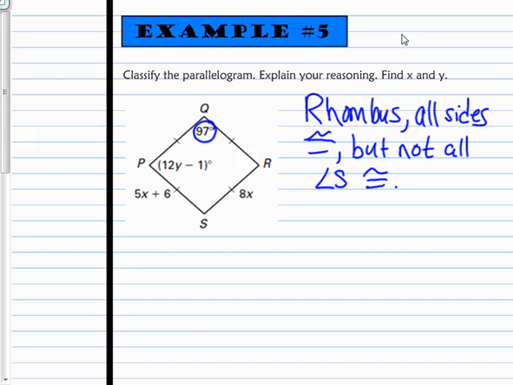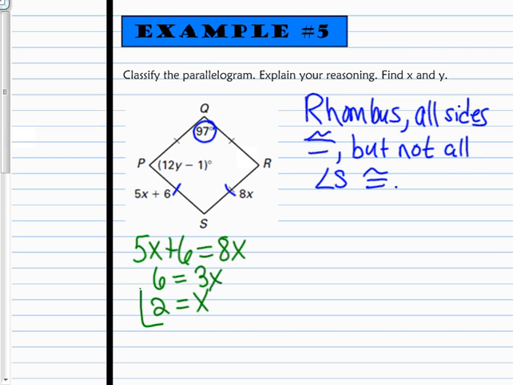Okay, and then we need to find x and y. Well, we know that 5x plus 6 is equal to 8x. So 6 equals 3x. 2 equals x. And what do we know about consecutive angles in a parallelogram? A rhombus is a parallelogram.